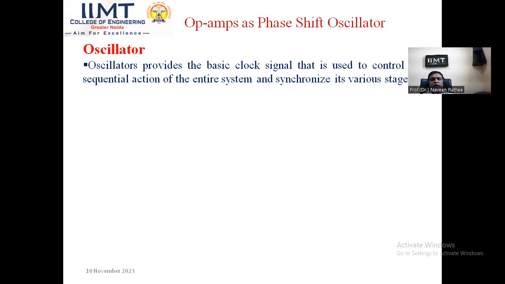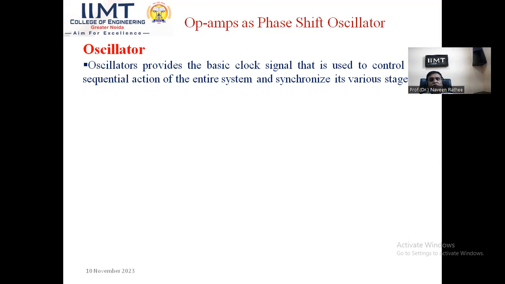Suppose you have designed one embedded system, and in it you have got different types of PCBs connected, or maybe some sensors, and you expect an output delivered at the same time by all the circuitry involved in your embedded system. So it means all has to be synchronized, all has to work on the same clock signal. It means frequency has to remain the same for the output to be there.